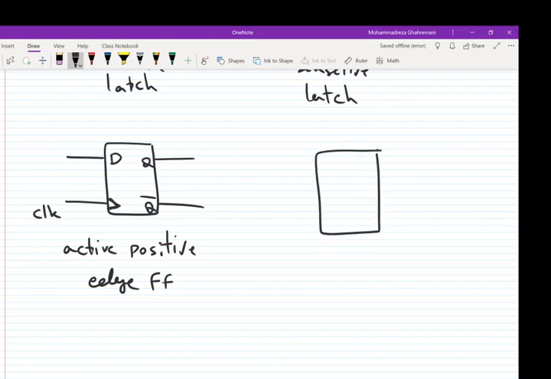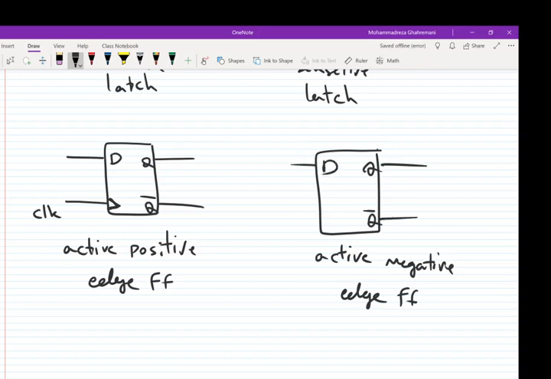And for negative edge or falling edge, for the active negative edge flip-flop, we have Q, Q bar, D. We have this triangle to identify it as a flip-flop, and this small circle to identify it as negative edge sensitive.